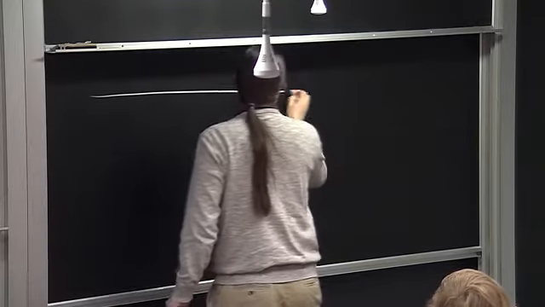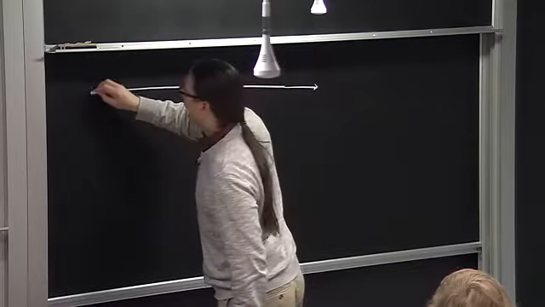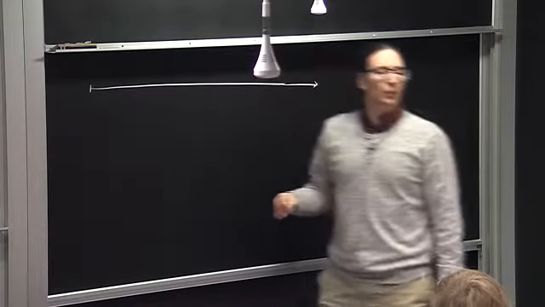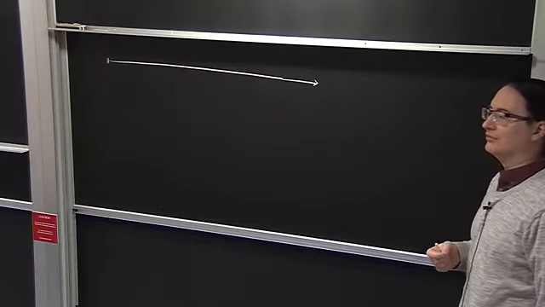So suppose you're trying to define a theory of quantum gravity. What sort of things can happen? When do you know that things are going to surely break down?